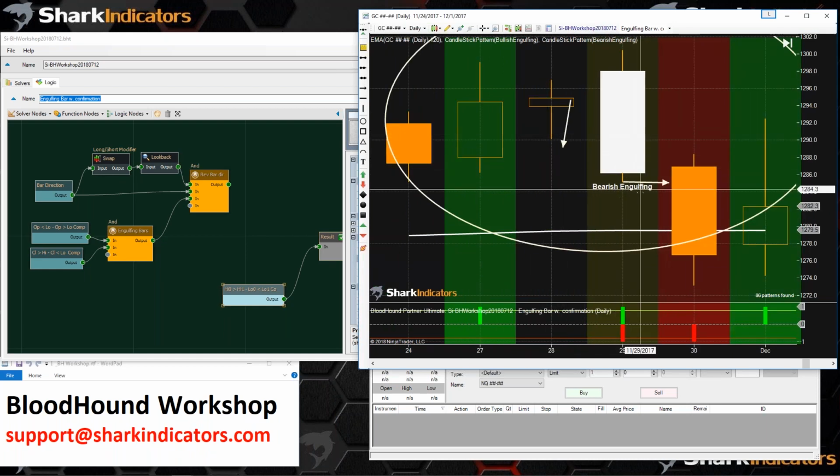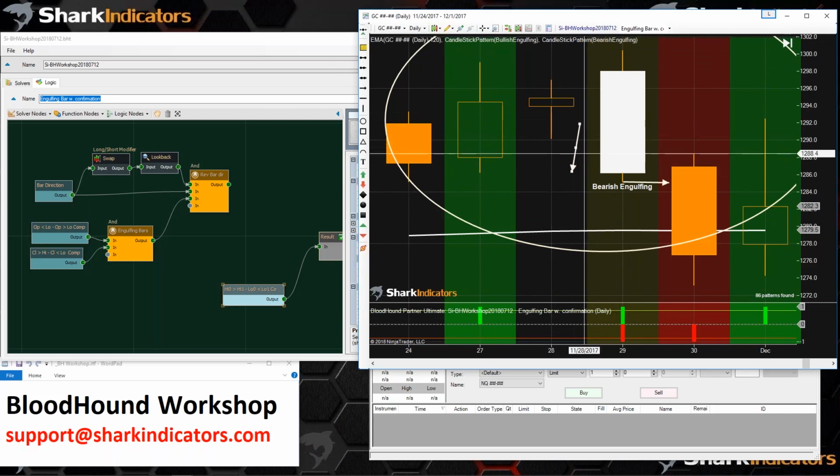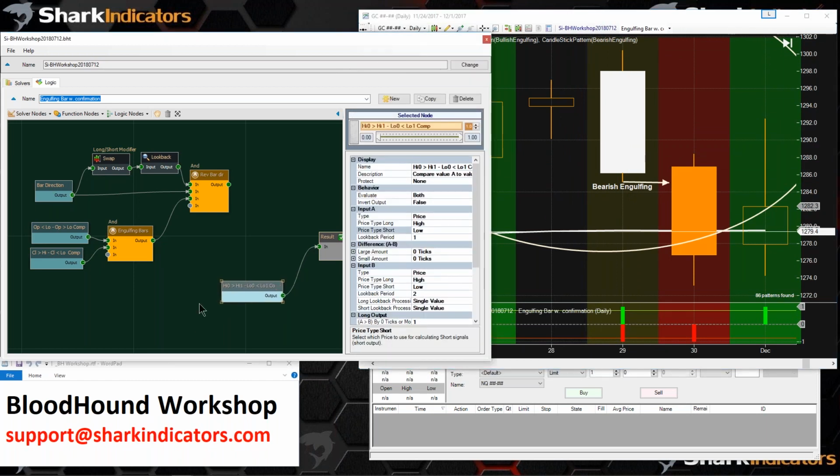Now, of course, all engulfing bars are going to have a long and short output on this, right? Because an engulfing bar is going to have a higher high than the previous, and it's going to have a lower low than the previous. Right. So there you go. So this basically is our confirmation bar.